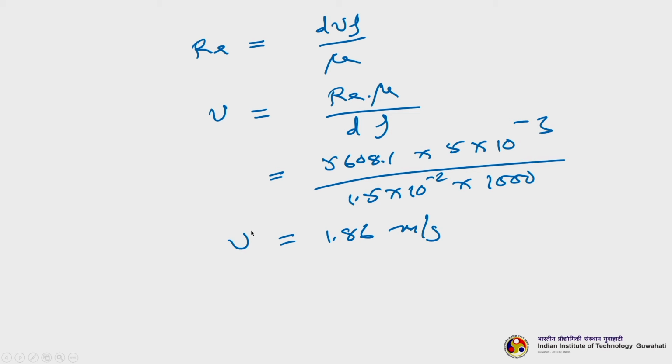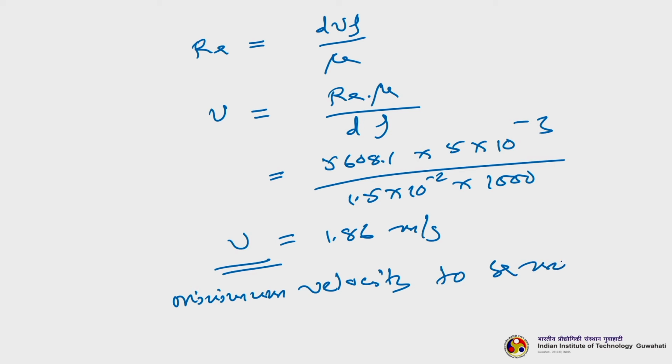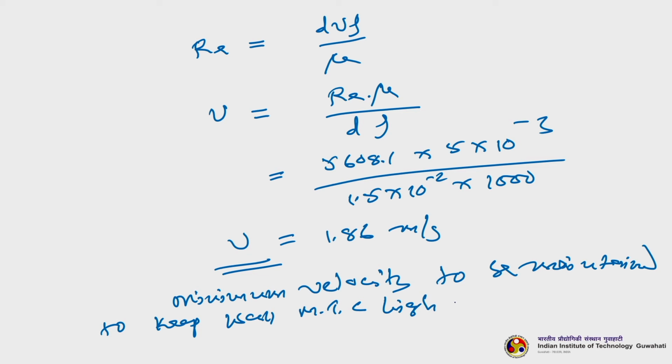So, this is V. This is the minimum velocity that has to be maintained to keep the wall mass transfer coefficient high, to prevent gel formation.